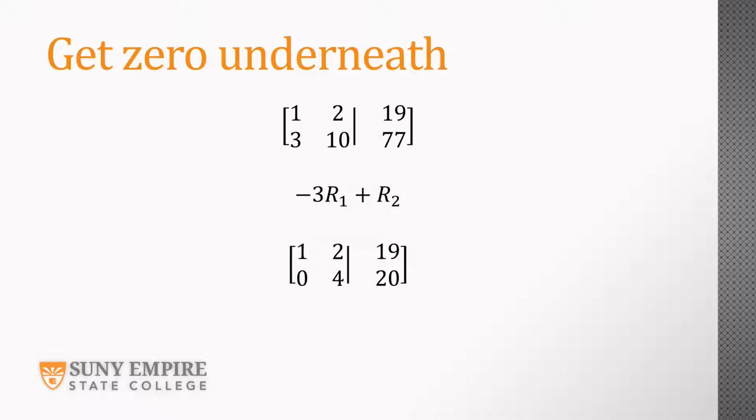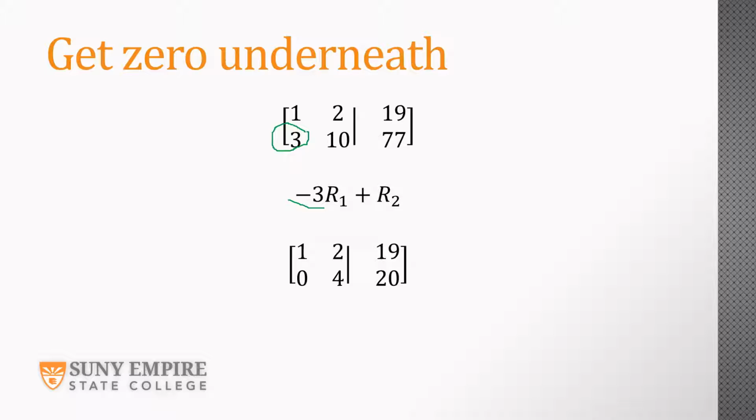Now we want to get a 0 underneath the 1 we just created. We need to make 3 go away. We will multiply the row with the newly created 1 by the opposite of 3, -3. We do the linear combination -3 times row 1 plus row 2.